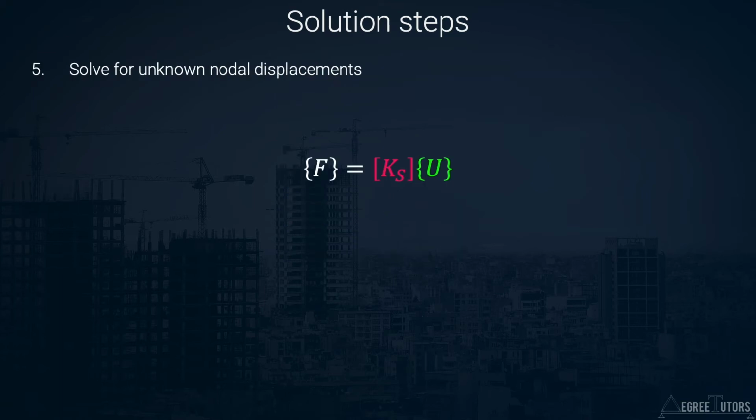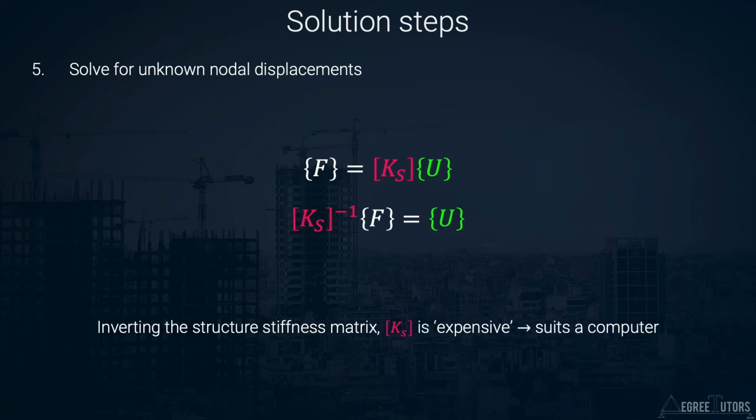We then need to solve for our unknown nodal displacements. Now in order to do this, this is where the computer steps in and starts doing more of the hard work for us, because in order to determine our nodal displacements, the green U vector shown here, we need to invert that structure stiffness matrix. And so this is where the computationally expensive, computationally intensive part of this solution process comes in, and it's what makes it not a very suitable analysis procedure to carry out by hand.